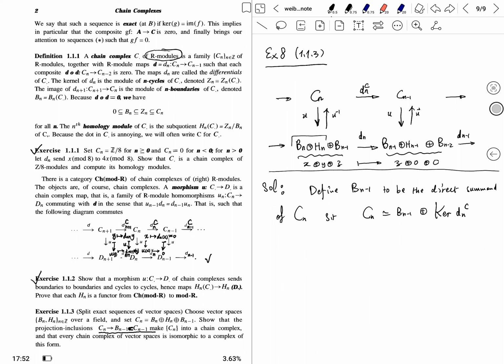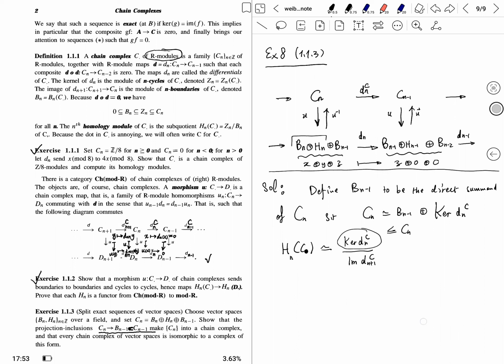Right, and then notice that H_n is isomorphic to the kernel of D_n quotient by the image of D_{n+1}. This is a subvector space of C_n.